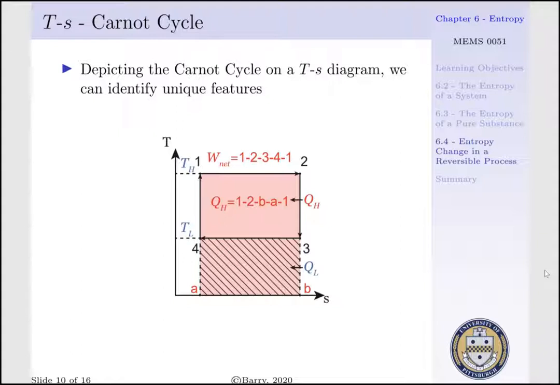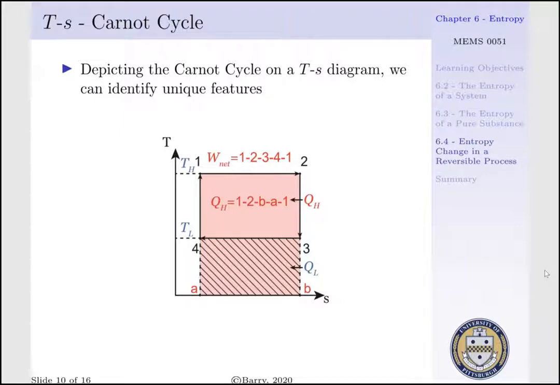From state 3 to state 4, we have an isothermal heat rejection process occurring at a low temperature. And then from state 4 to state 1, we have an adiabatic reversible compression process, i.e. our entropy is the same. We note that our increase of entropy going from state 1 to state 2 is equal to our decrease of entropy going from state 3 to state 4. Thus, for a Carnot cycle, our net change of entropy is equal to 0.